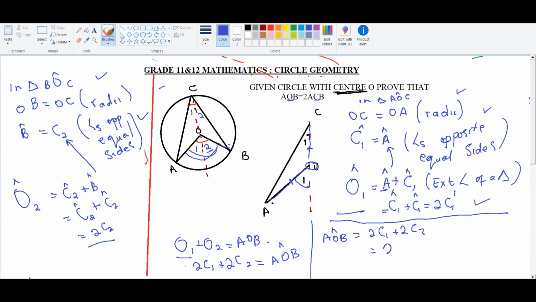The common factor is 2, so we can factor out, and you have 2 times C1 plus C2. Then you look, what is C1 plus C2? There you have C1 and C2. C1 plus C2 is equal to angle C, right? And angle C is ACB.